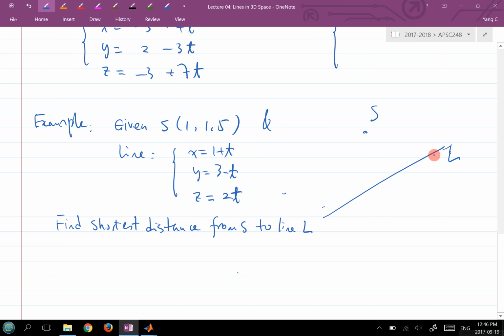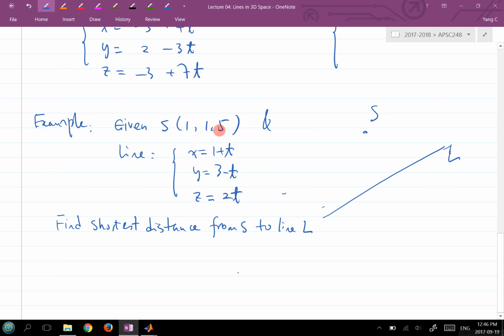What he mentioned is plugging the coordinates of S into this line equation and then verifying. Basically, if S is on the line, there has to be a t value that gives the coordinates (1, 1, 5). So we just have to find whether the t value exists or not. If it doesn't exist, then the point S is not on the line. If it exists, then it's on the line.